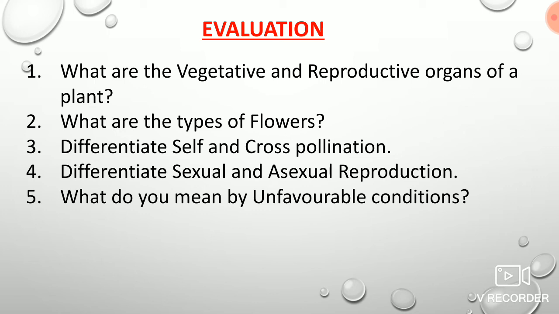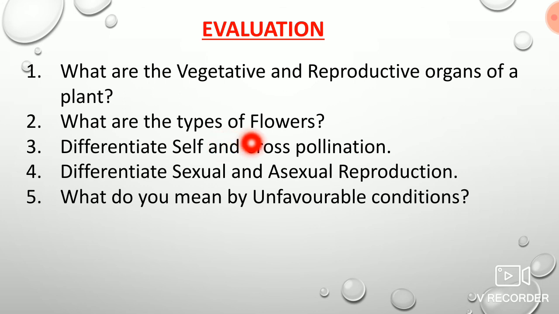It is time to evaluate. Students, I gave some questions regarding today's video. Try to answer all the questions. Question number 1. What are the vegetative and reproductive organs of a plant? Question number 2.